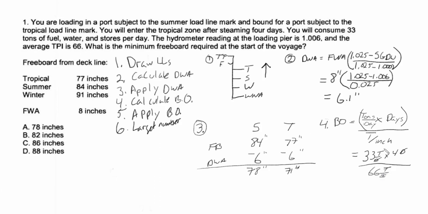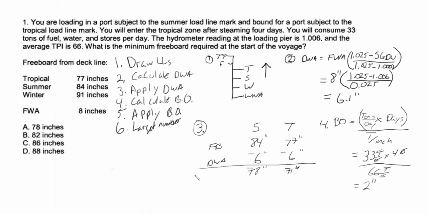Well, these tons cancel out, and what we're going to end up with is inches alone, and that's 2 inches. So from the time that we leave the port, after 4 days, based on this consumption and this number of days and that TPI, we will have used up 2 inches.